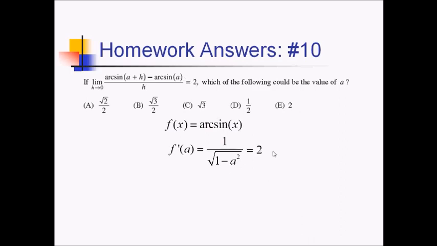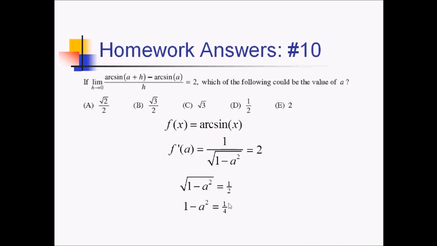Okay, well, let's go ahead and solve this. So first step to solving this, it'd be nice if this stuff was not in the denominator, so I'm just going to flip both sides of the equation, or you could multiply this over here and divide by 2. Either way, we've got square root of 1 minus a squared equals 1/2. Then I have to square both sides to get rid of the square root, so we have 1 minus a squared equals 1 over 4. Next, subtract 1.